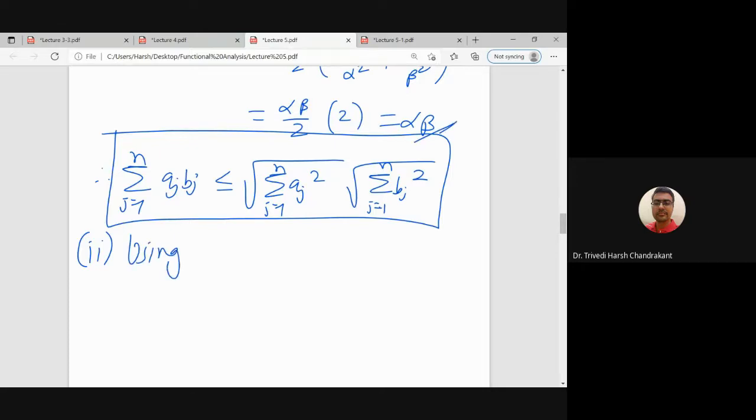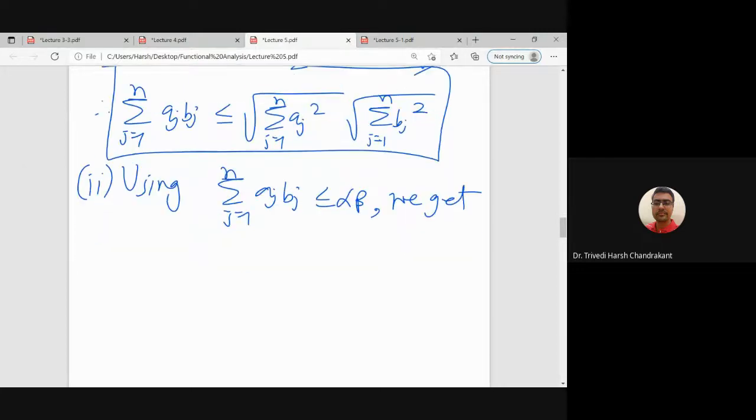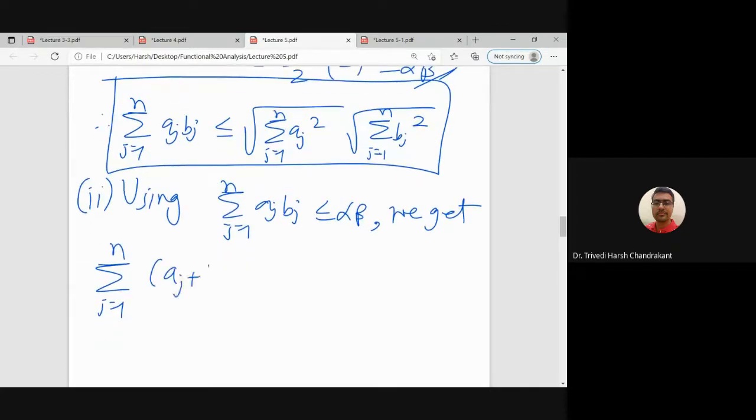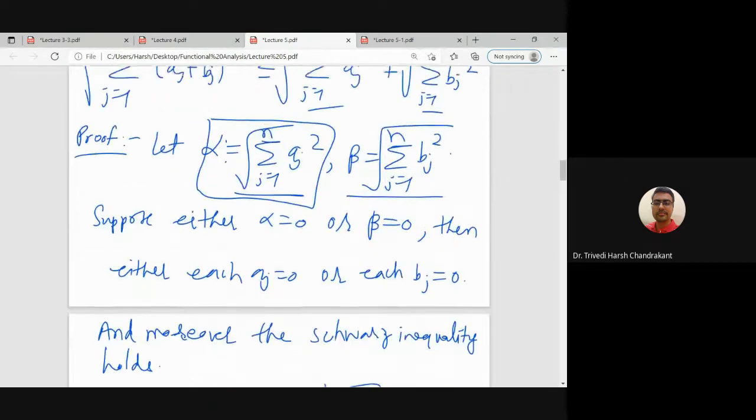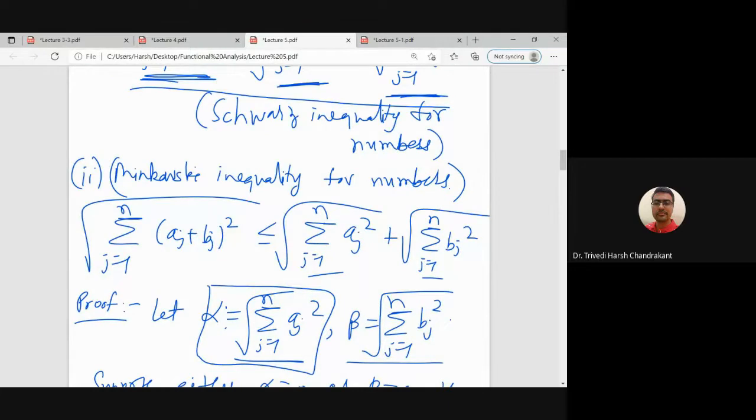Using summation aj bj, j running from 1 to n, which is less than or equal to alpha beta, we get, in this Minkowski inequality, we want to find summation (aj plus bj) square is less than or equal to (alpha plus beta) square, right? So this we want, and here we want the square root of that.